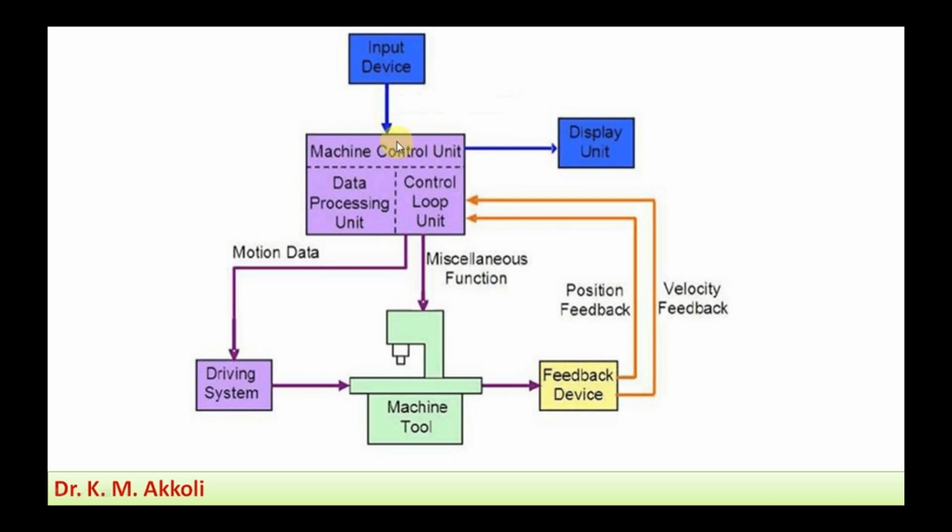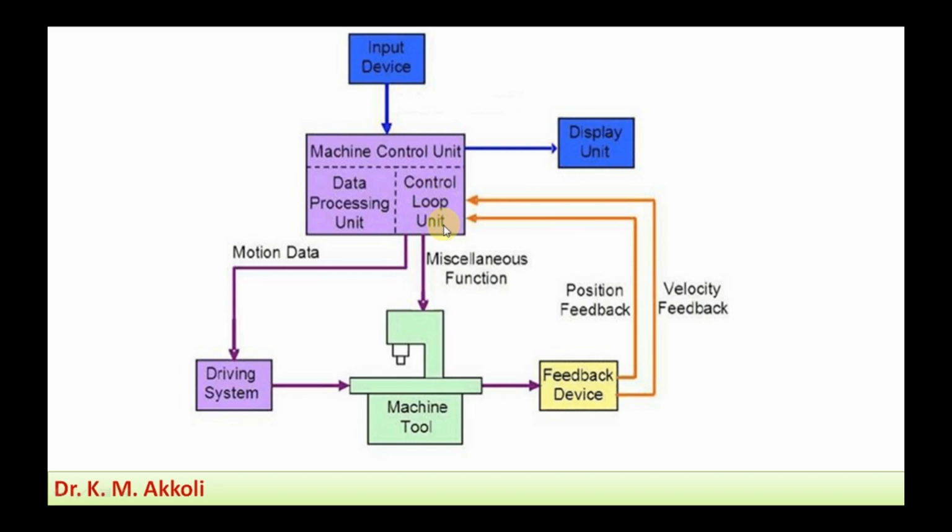The input we give in the form of a program is operated by the machine control unit. First, it is a data processing unit that converts the program we have input into an understandable format, and later the actual operation will be carried out by the control loop unit.